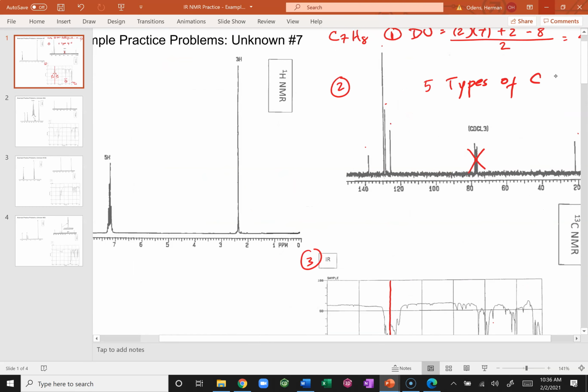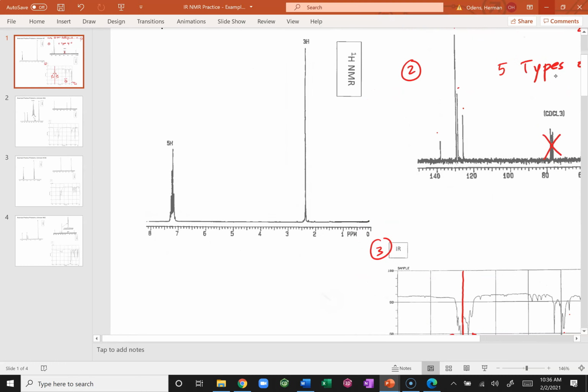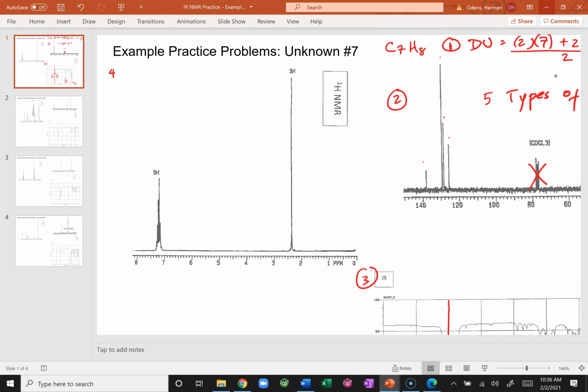So I go to number 4. I'm going to work on the proton NMR, and I see that I have a multiplet integrating for 5 in the aromatic region. That screams monosubstitution. I'll put an X group there because I don't know what the X is.